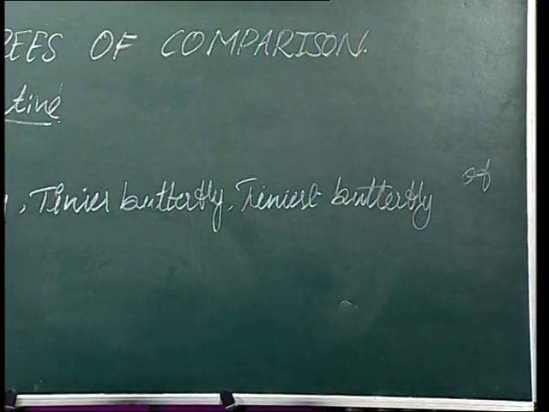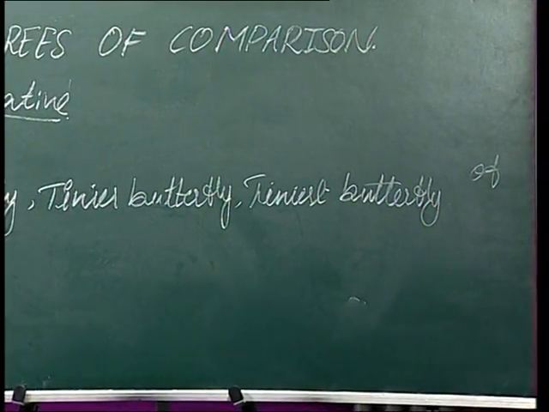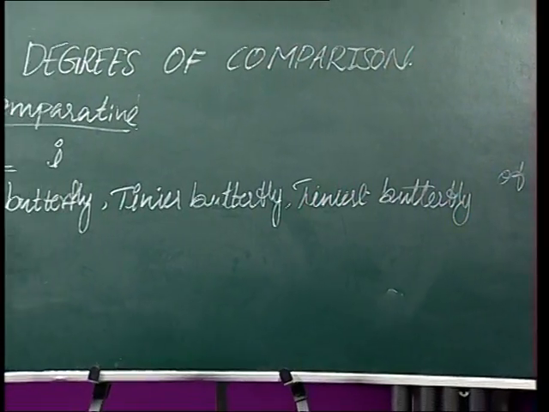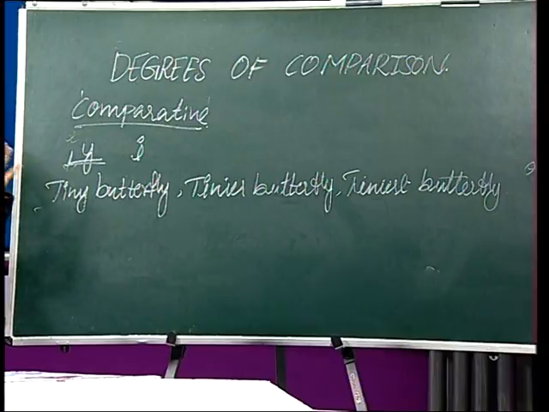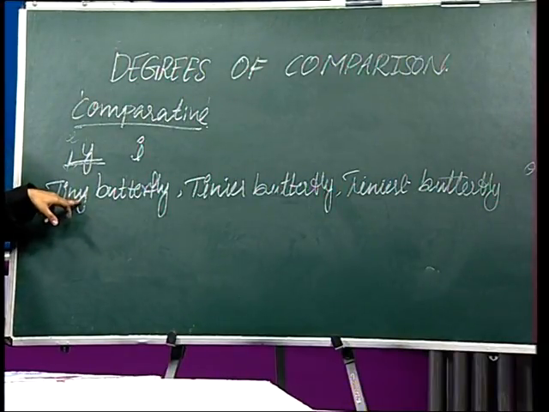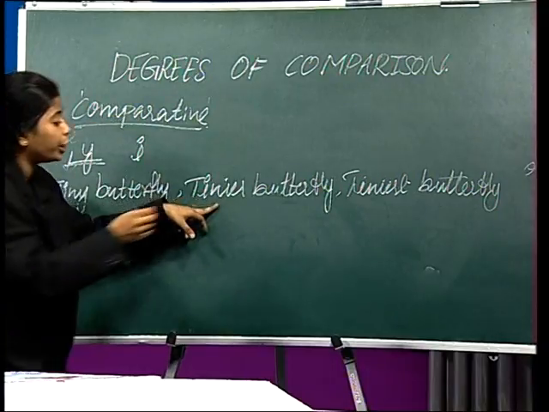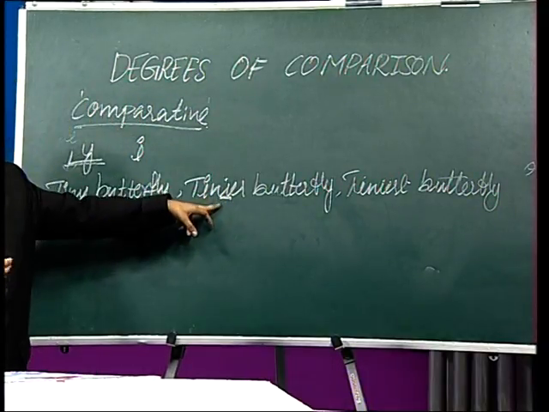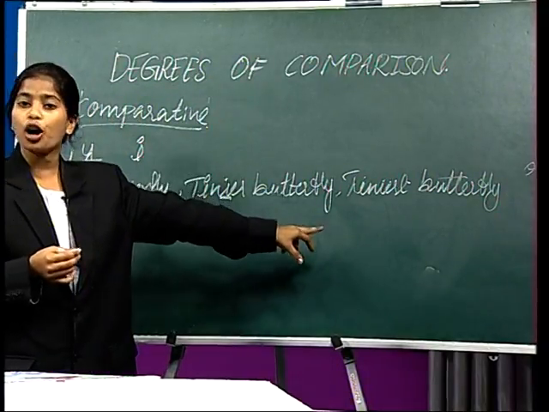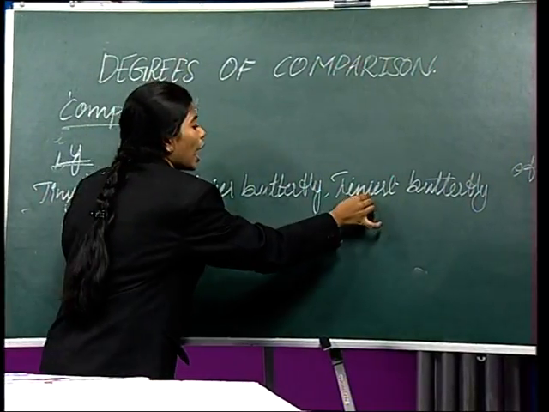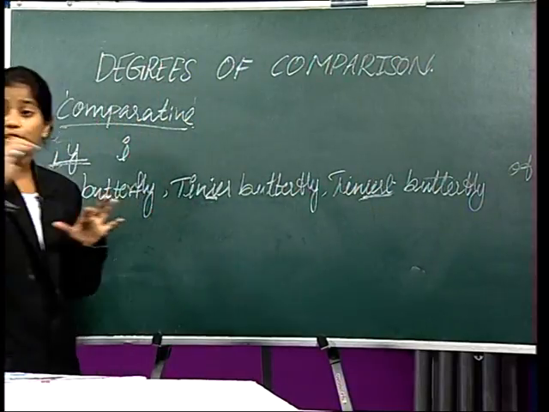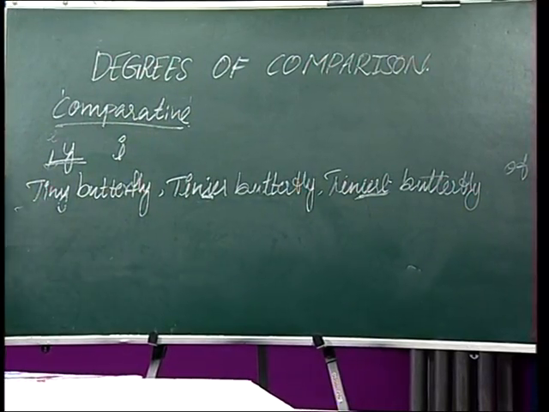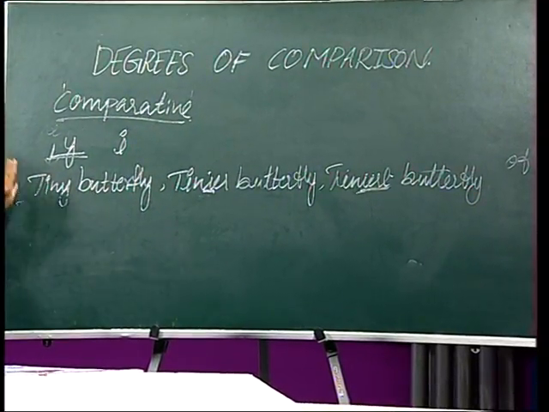Friends, do you observe what happens here? When the adjective has more than one syllable and the positive form ends in Y, the Y is changed into I, and in the superlative form, est is added. So this is the example for this.